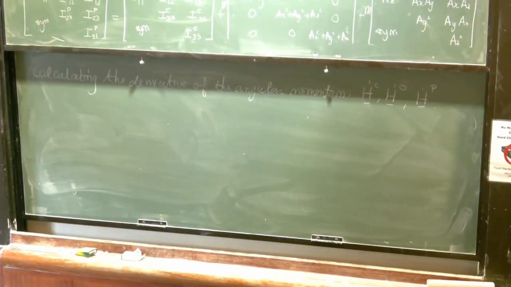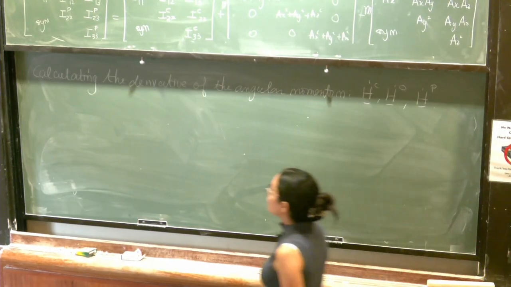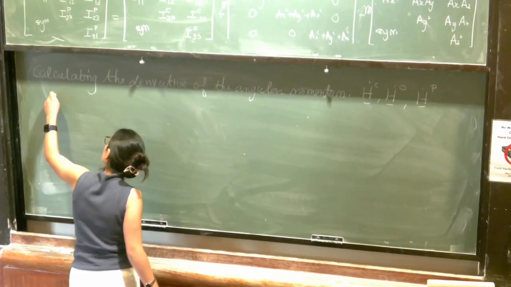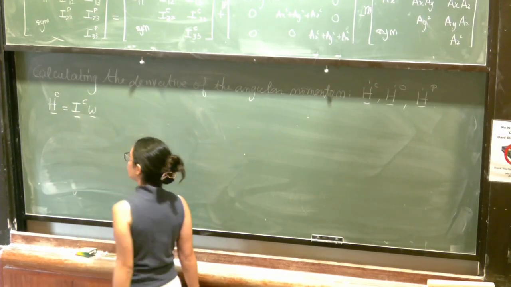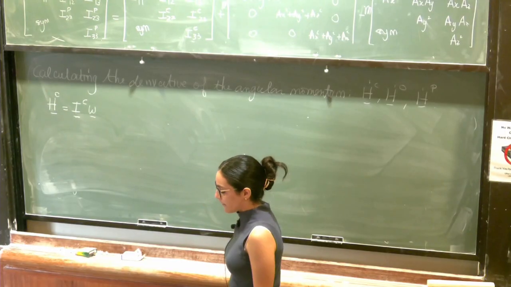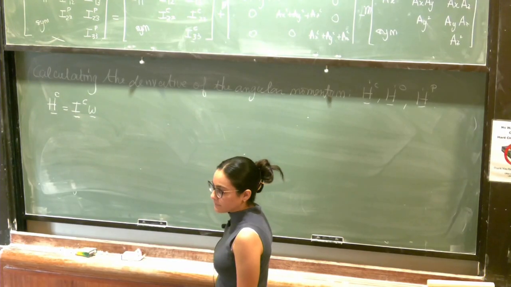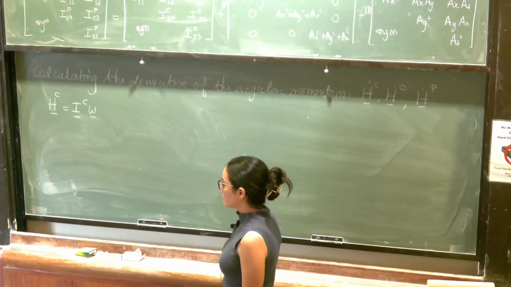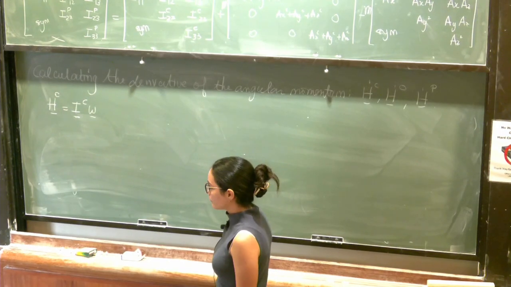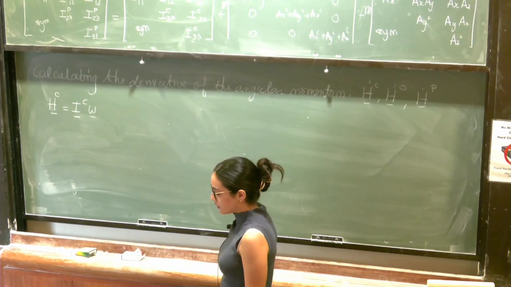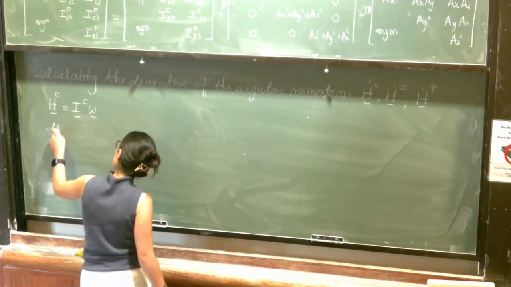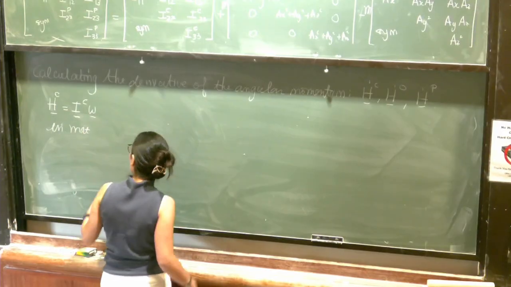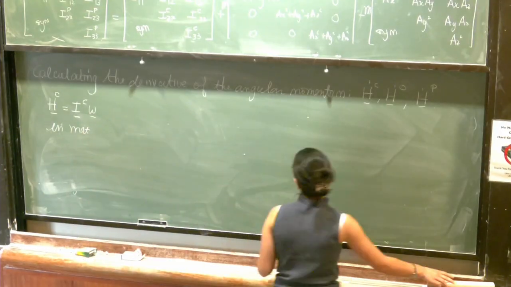Okay. I'm going to try to do this in a couple different ways. So I'm going to first start with H_C is equal to I_C omega, right? If I write this in matrix form... or not even in matrix form. Let's not do matrix form.